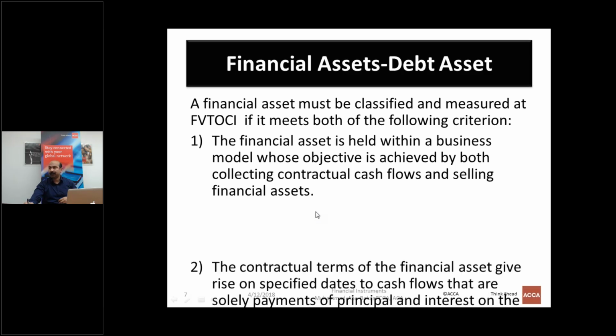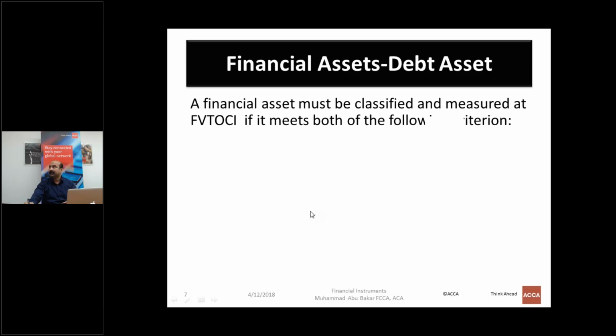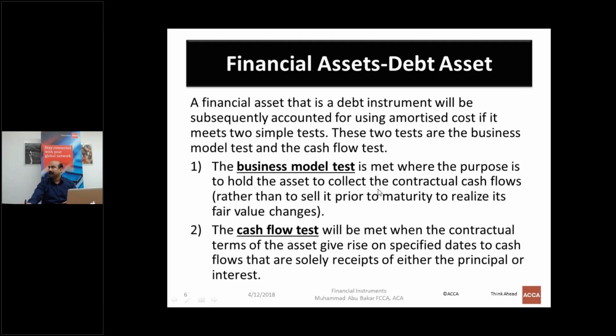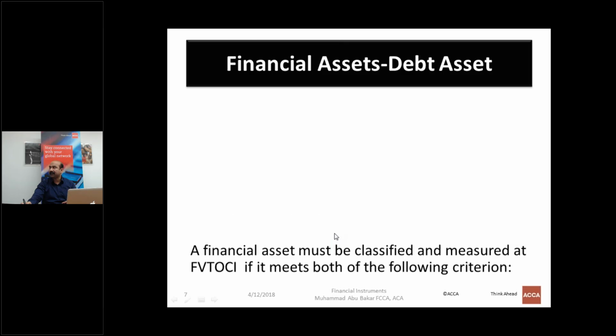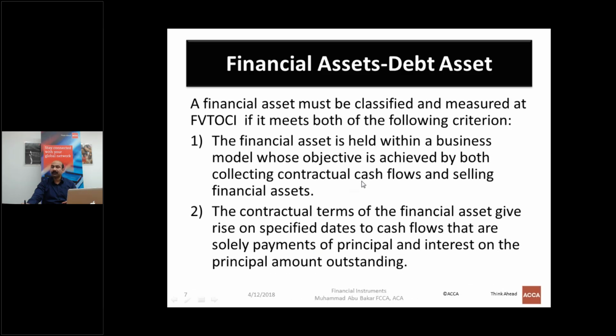If we just compare it with the last slide, we can see what is the difference between these two. There is a contractual cash flows, and the second one is the same, but in the second slide you can see that in addition to the contractual cash flows, if the objective is to sell the financial assets as well, if both objectives are there, then this debt asset is classified at fair value through other comprehensive income.